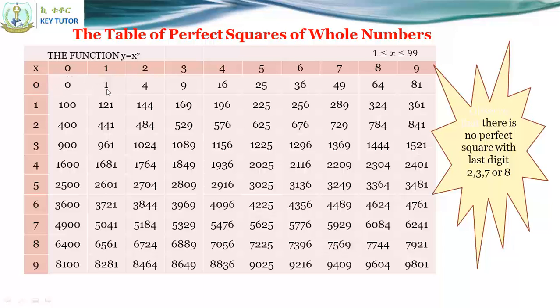In the row of 0, we will see the squares of the numbers from 0 up to 9. So in the first cell of the row of 0, you can see 0, which is 0 squared.